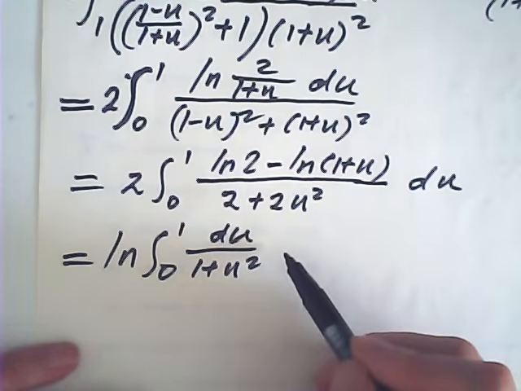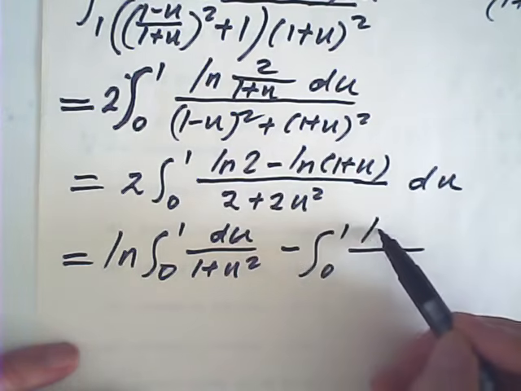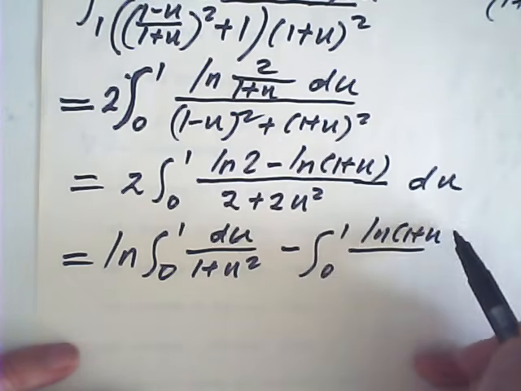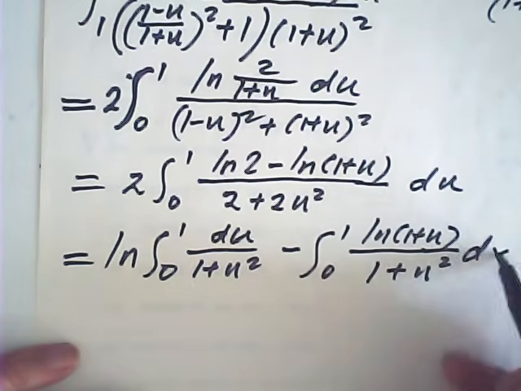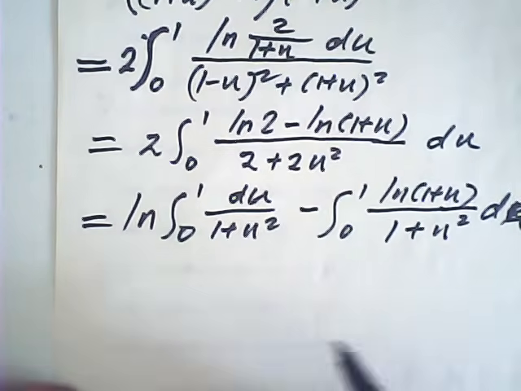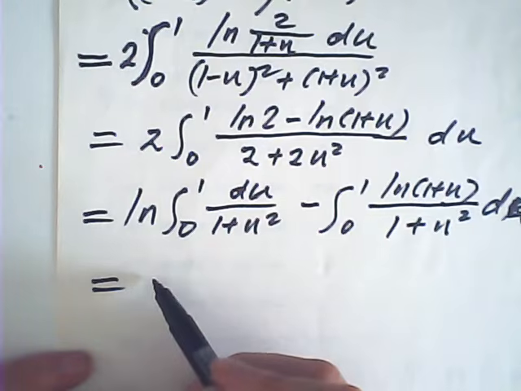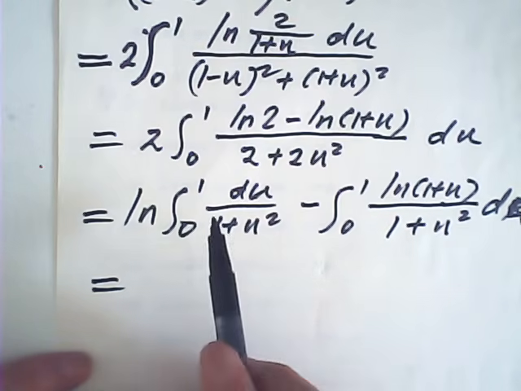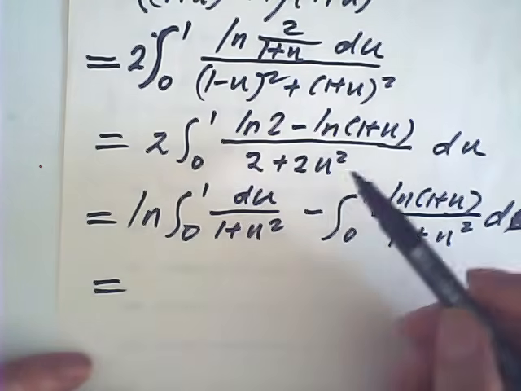And the second one is from 0 to 1, log of 1 plus u over 1 plus u squared du. And this one is equal to, this one is easy, arctangent. No, wait a minute. I missed something.